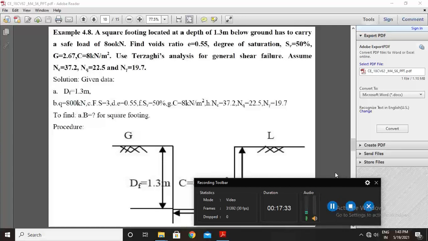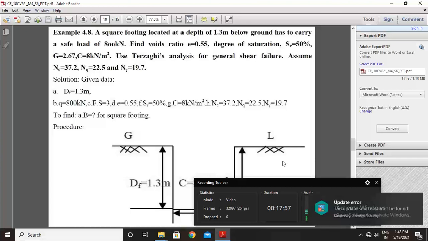Use Terzaghi's analysis for general shear failure. Assume Nc equal to 37.2, Nq equal to 22.5 and N gamma equal to 19.7.